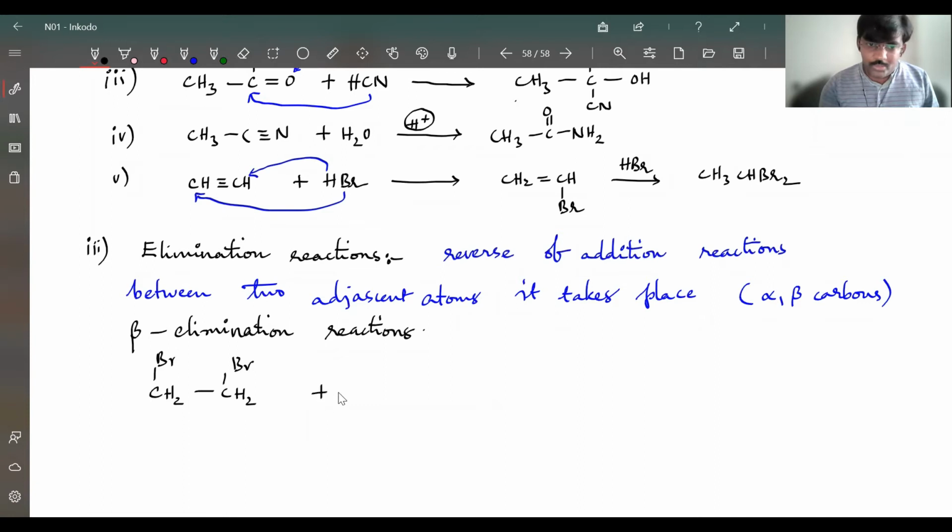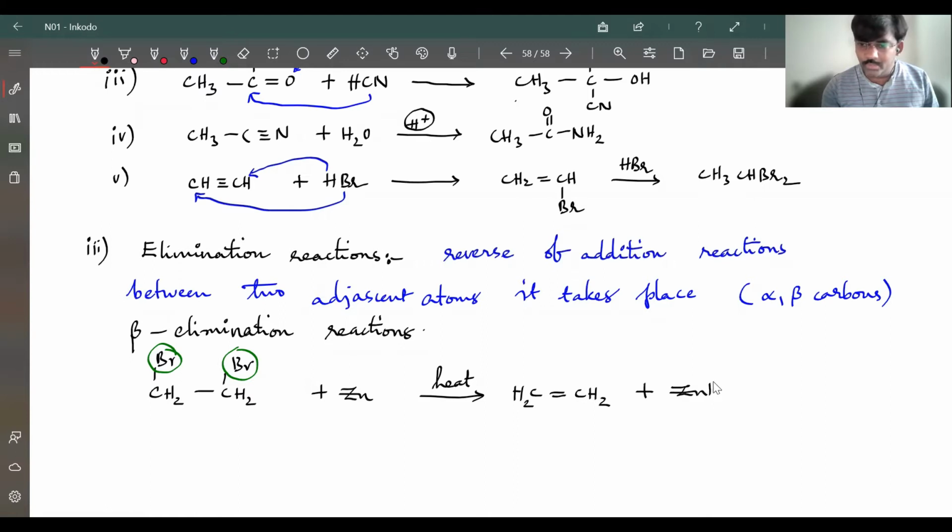I'm heating this with zinc metal. At that time, the two bromines from the adjacent carbons will come out and attach to zinc. So I'll be getting CH2 double bond CH2. The bromines came out with zinc.